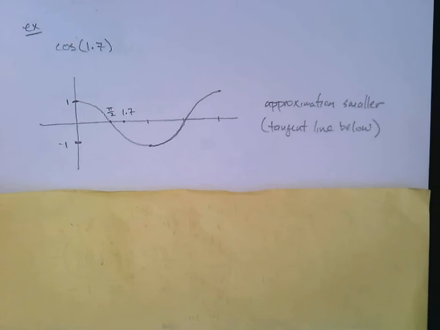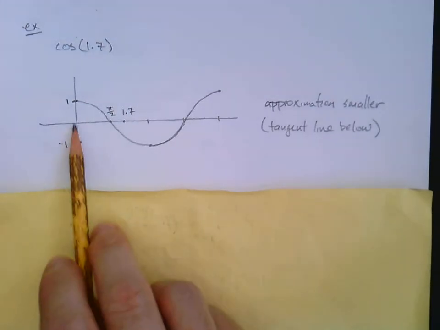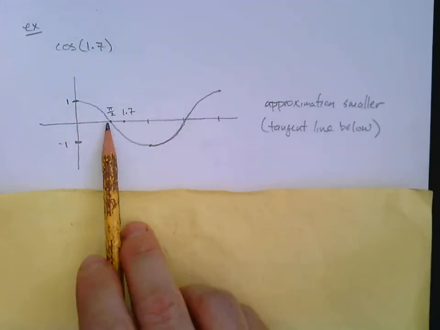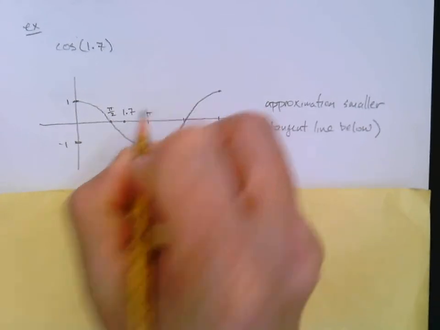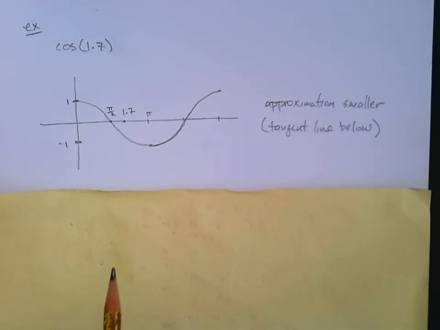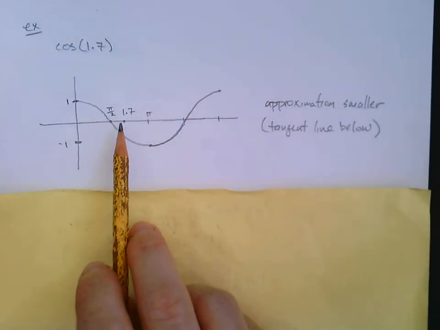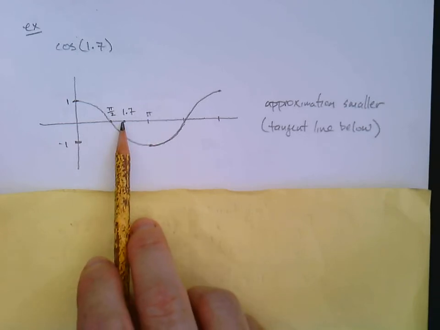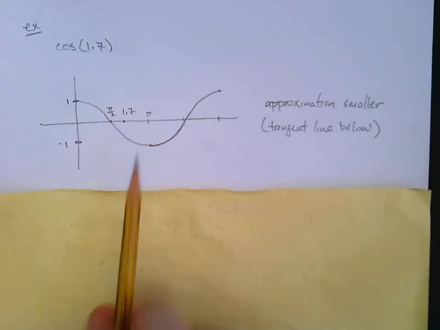the cosine example. In cosine, we can just get a rough sketch of cosine. Pi over 2, there's pi right there. Here's 1.7, somewhere in between. I think it's actually probably a little bit closer to pi over 2 than what I'm showing.